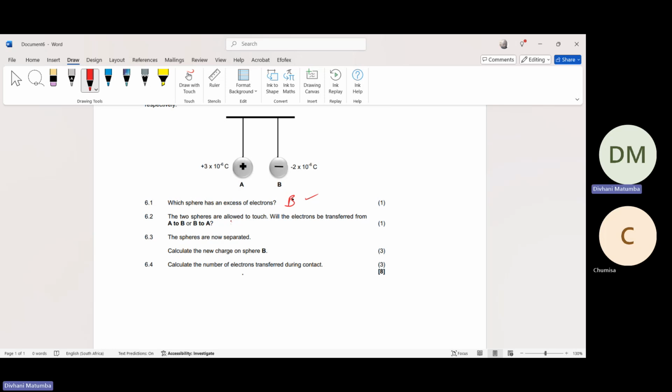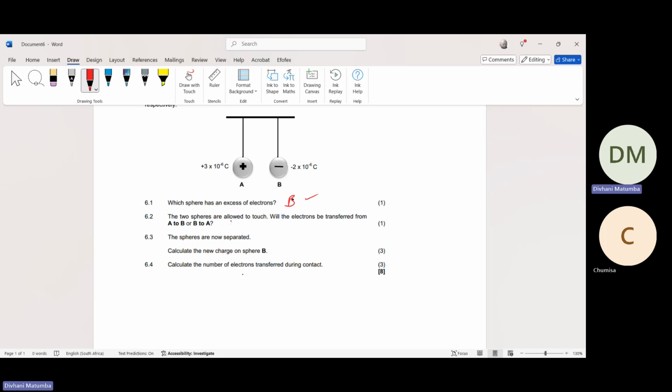It's from A to B, but you have told me that, let's say, when there's a lot of water on the other side of a dam, the water will move from where there's a lot of water to where there isn't a lot of water.